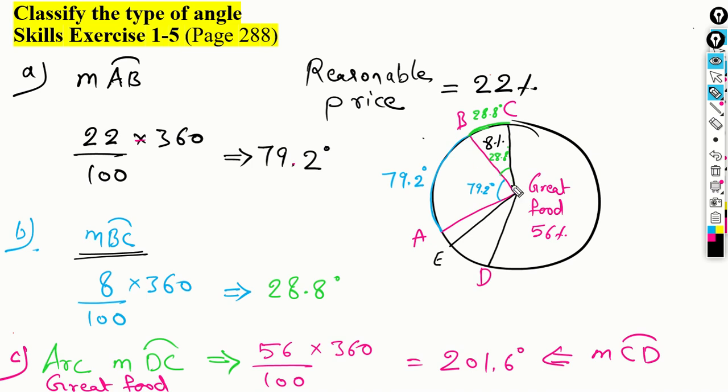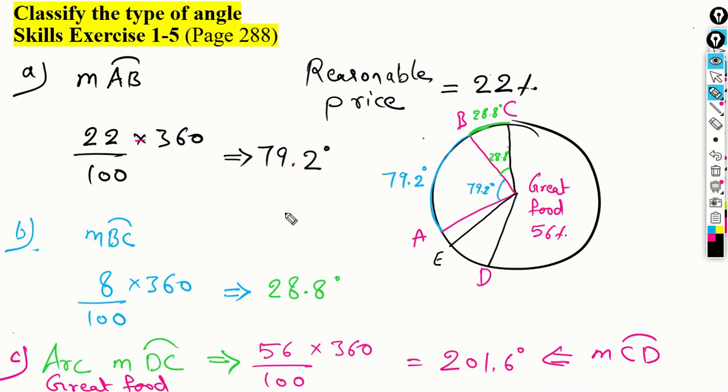Now how will you change 8% in terms of degrees? 8 divide 100 to change the percentage, multiply with 360, and it will give you 28.8 degrees. So if this angle made at the center is 28.8, then the arc will also be 28.8.